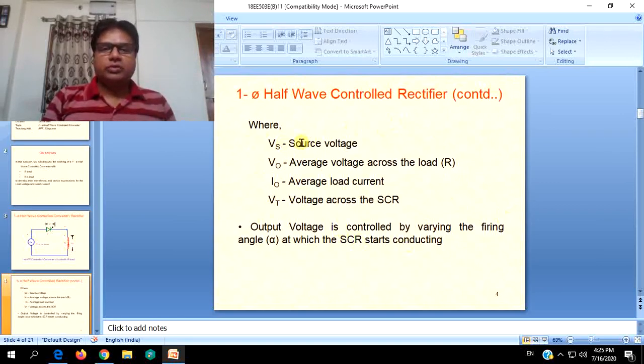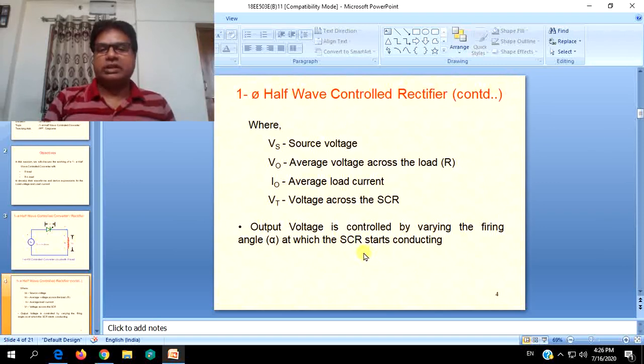So Vs is source voltage, V0 is average voltage across the load, I0 is average load current, Vt is voltage across the SCR. Output voltage is controlled by varying the firing angle alpha at which the SCR starts conducting. This variation of output voltage by varying the firing angle alpha itself is called as the phase control technique, which was mentioned in the previous session.